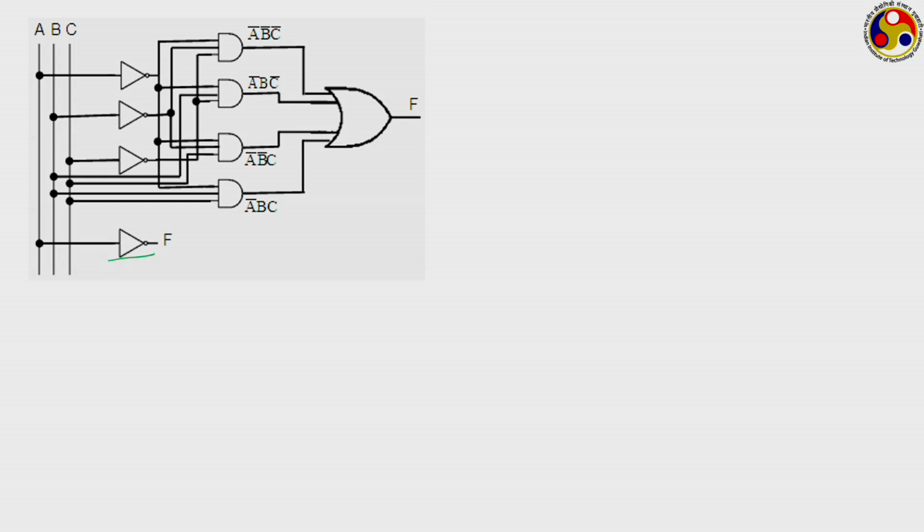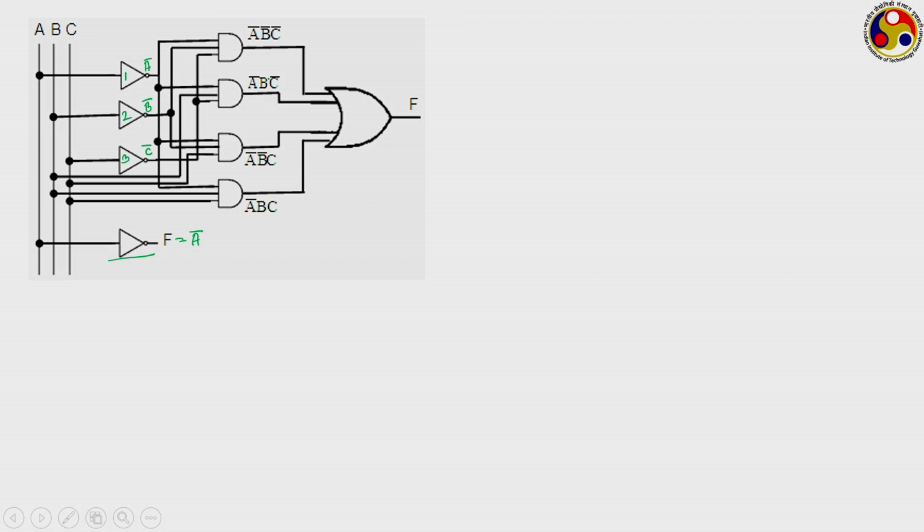Look at the input, it is connected only to A. So, this is only going to give you A bar. But in this one there are several operations, there are 3 NOT operations. Let us say these are 1, 2 and 3. So, 1 is going to give you output A bar, 2 is going to give you output B bar because that is connected to B, and 3 is connected to C, that is going to give you output C bar.